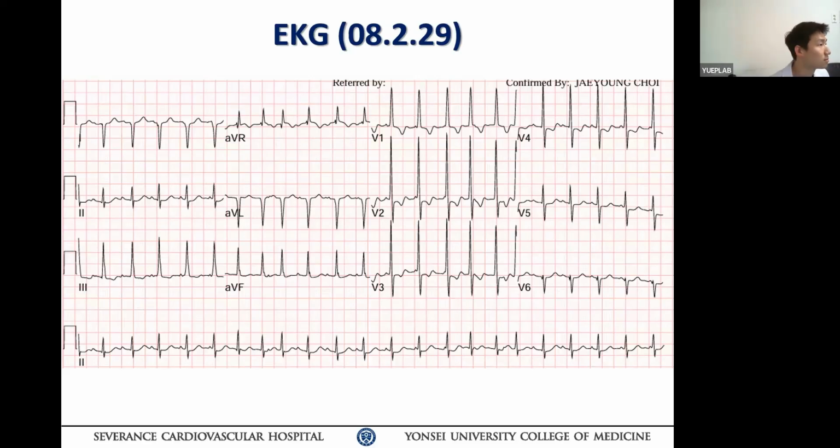So the precordial leads show some reverse activation of ventricular activation, so we suspect some cardiac anomaly.